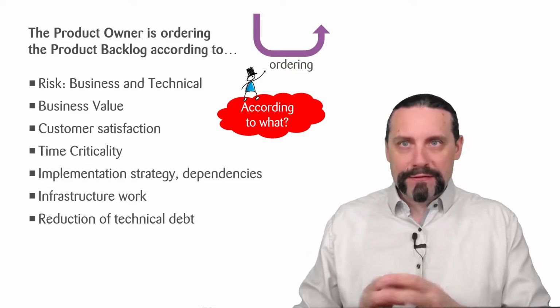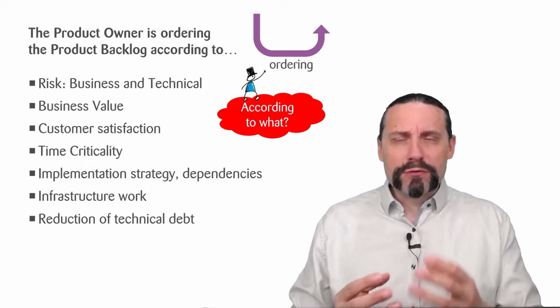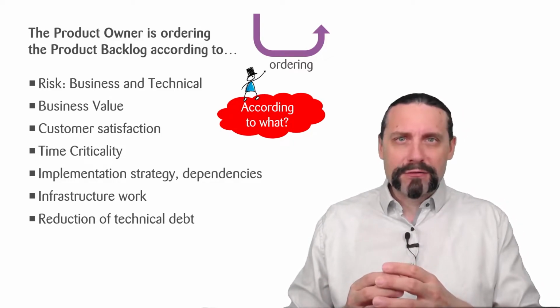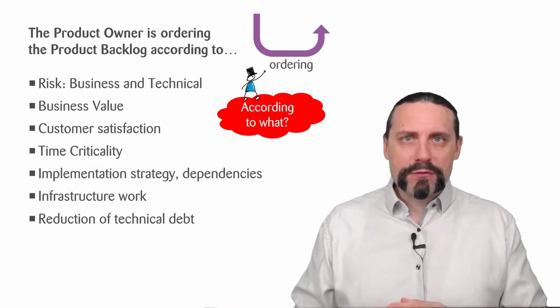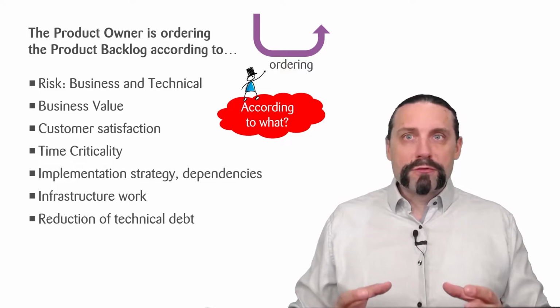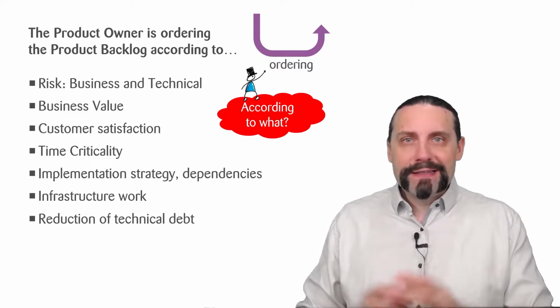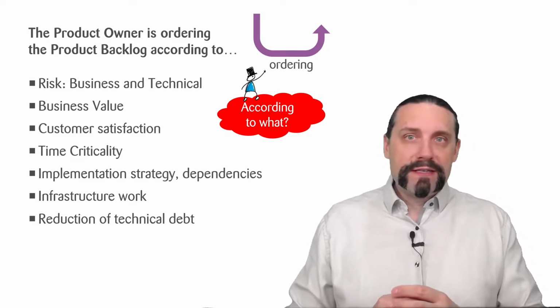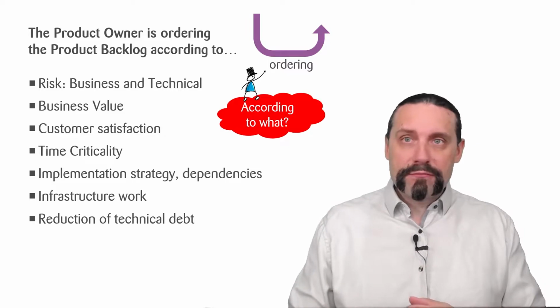Let's now have a closer look at how the product owner is ordering the product backlog items. So according to what is he ordering these product backlog items that are newly coming in from the stakeholders? The product owner orders the product backlog items according to different criteria. One of the criteria can be the risk, a business risk or a technical risk.